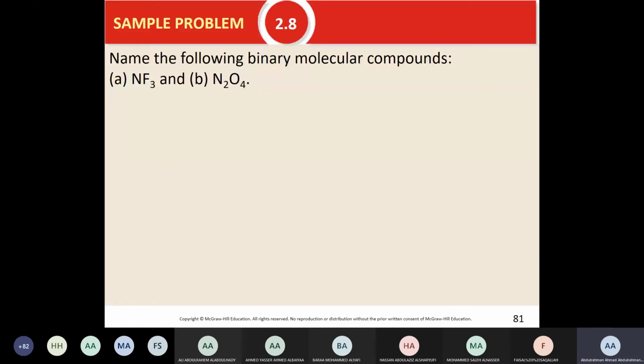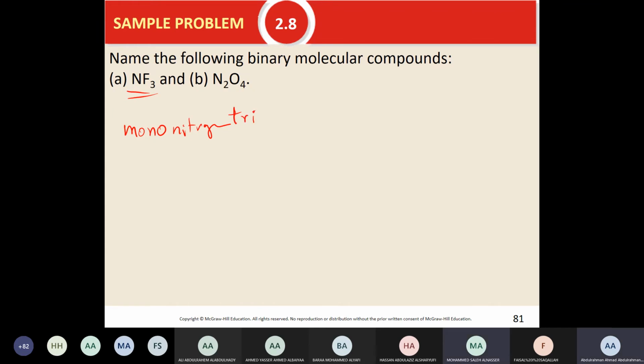Very good. Okay, name this compound. Nitrogen trifluoride. I hope if I say mononitrogen, is this correct? Yes, it is correct, but you don't have to say it. And then what?